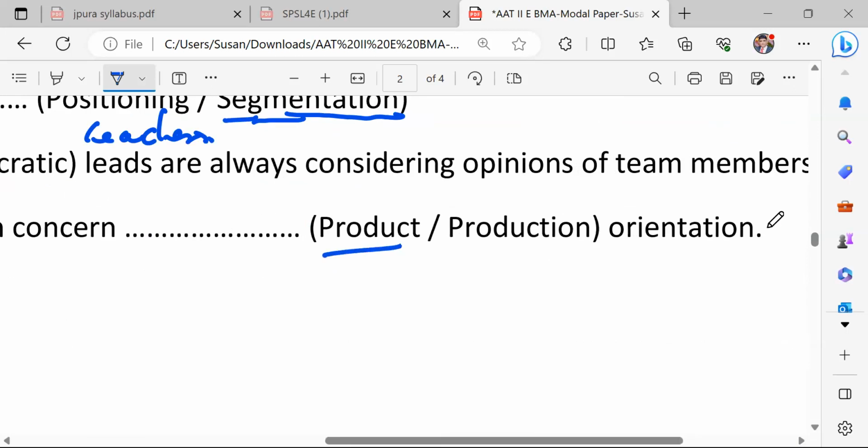Production orientation considers the volume and availability of products and price. If you have more goods in the market selling at a lower price compared to others, that is production orientation. Product orientation is where the manufacturer considers the products.